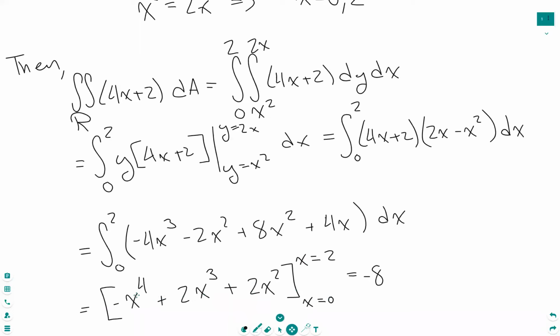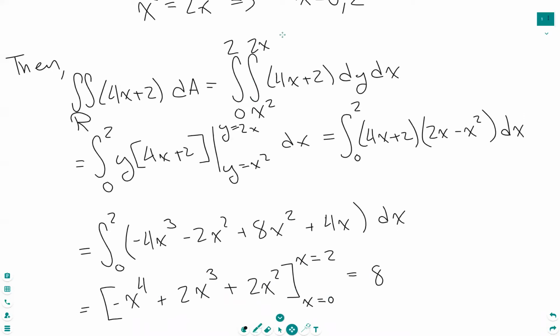Right, we plug in 2 here, 2 to the 4th. This is also 2 to the 4th. Oh no, it is positive. Yeah, because you plug in 2, these terms actually cancel because this is negative x to the 4th, and this is positive x to the 4th. Right, and then this is all that remains. So it's just positive 8.